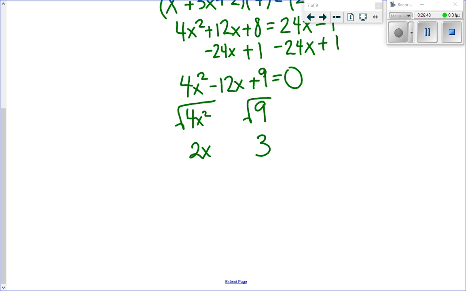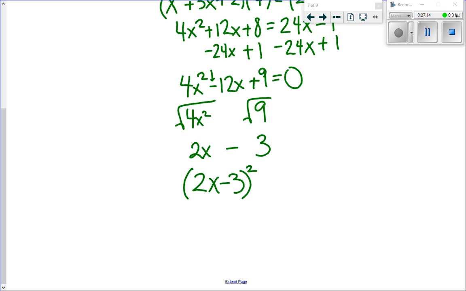Let's double check those terms. 3 times 2x is going to give me 6x. Times 2 will definitely give me 12x, but I see I have a negative here, which means there's got to be a negative there. And we have figured that out because that is a perfect square trinomial.